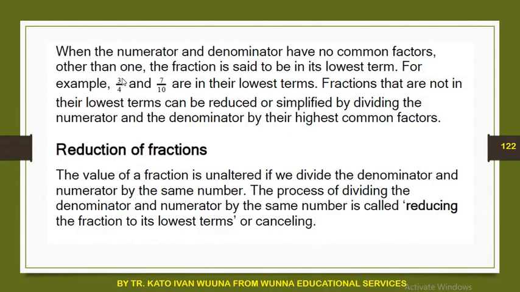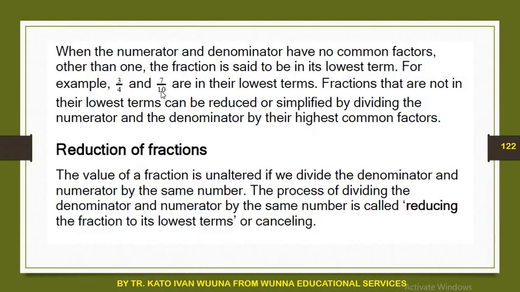So we shall say that the fraction of 3/4 is in its lowest term, just like 7 over 10. If you look at 7 and 10, they have no common factor. Therefore, 7 over 10, just like 3 over 4, is in its lowest term.